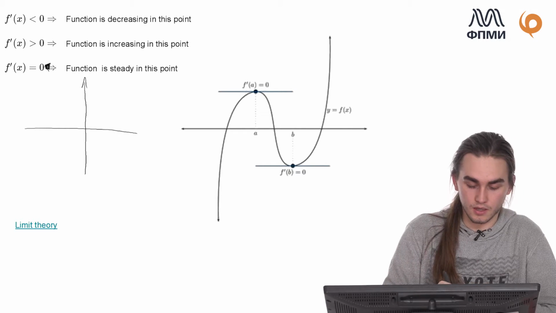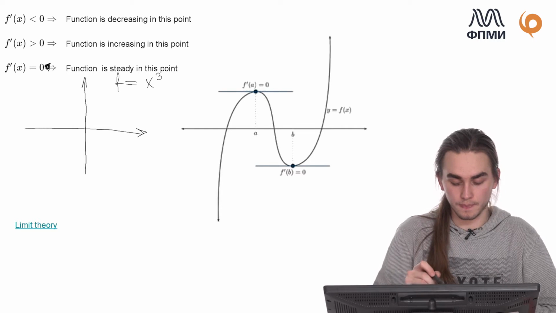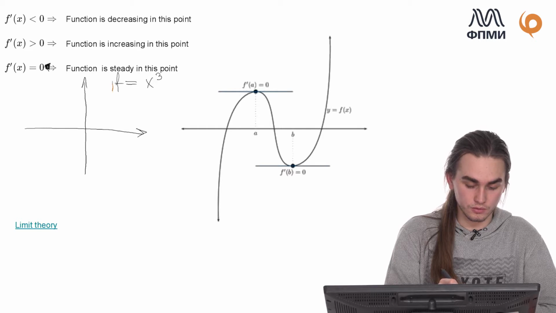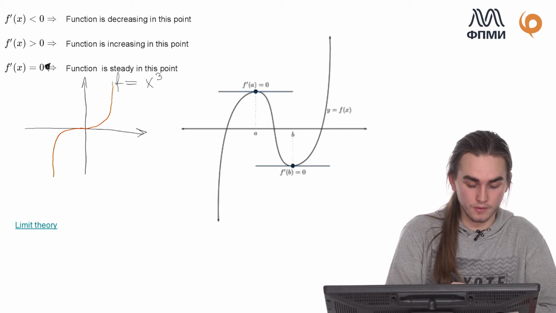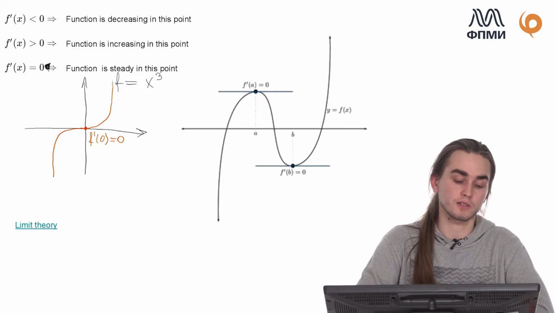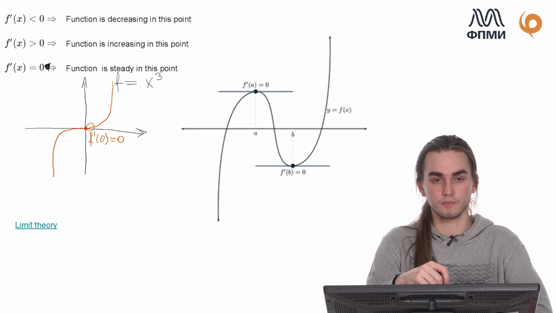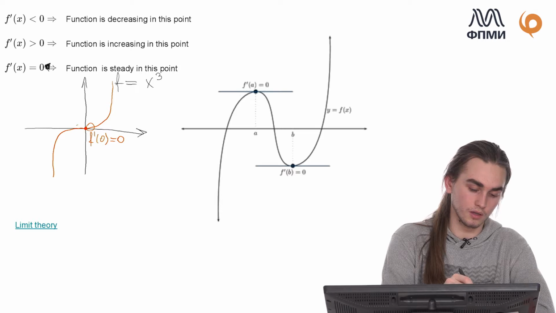This is f from x that equals x cubed. And if you draw a plot of it, you will notice something interesting: that here f prime from 0 is 0, but it is not a minimum and it's not a maximum, because here the function is greater than the function in 0, and here it is less.